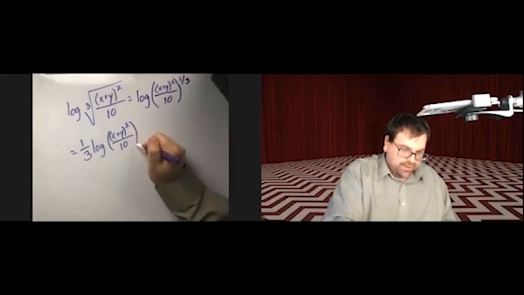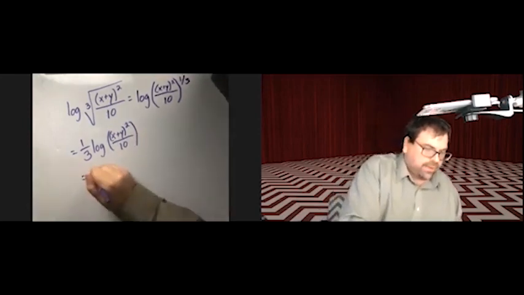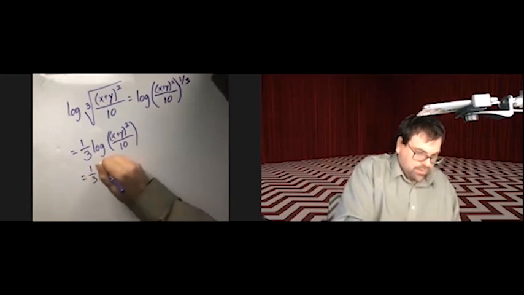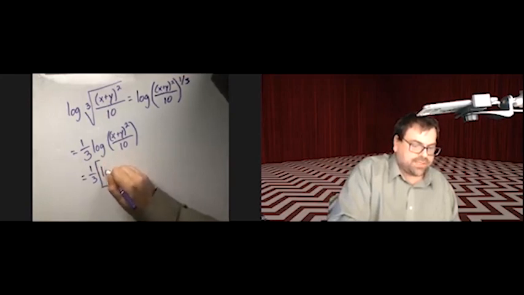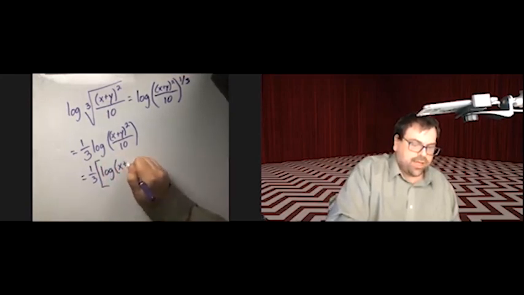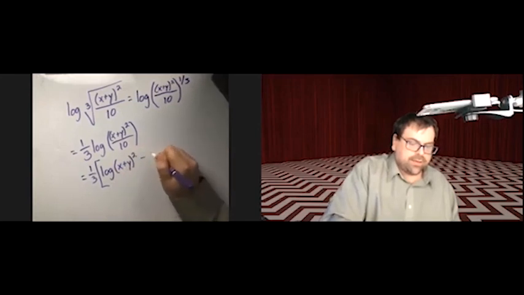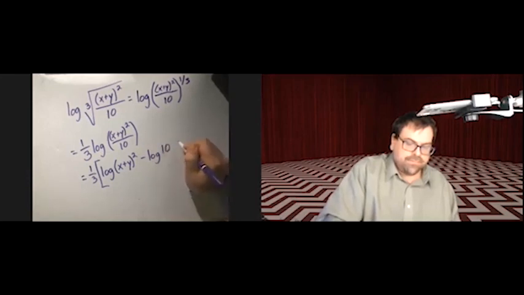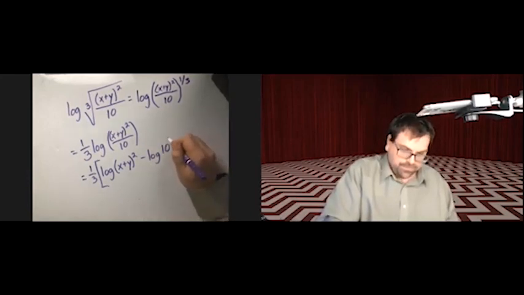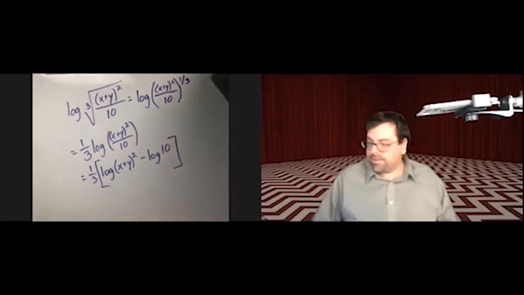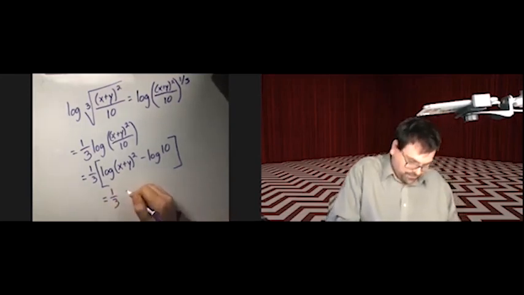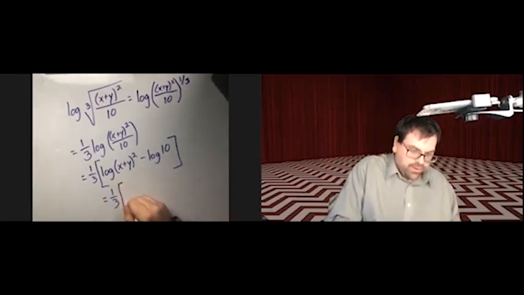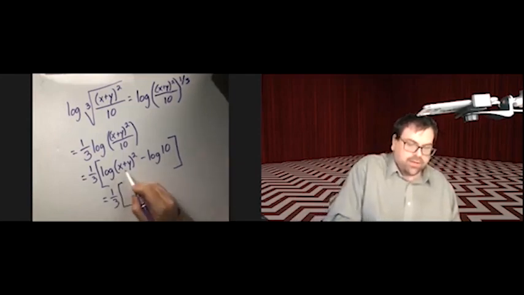We have division happening here. One third is going to be times this log, which means it's going to be 1/3 times this difference. Log x plus y squared minus log of 10. One third of log of x plus y squared.